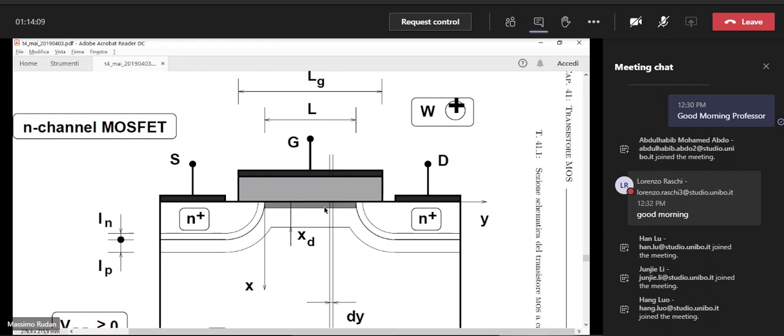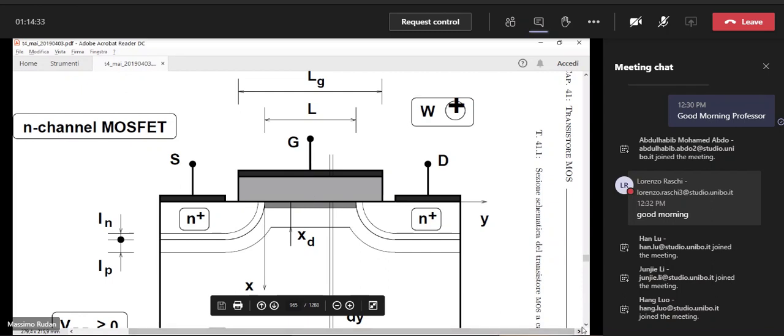The flux of Jn across it is just the same everywhere in the channel. That means that we can calculate the current of the channel by simply calculating the flux of the current density at any position y in the channel.